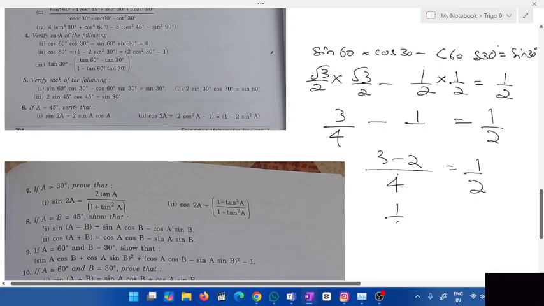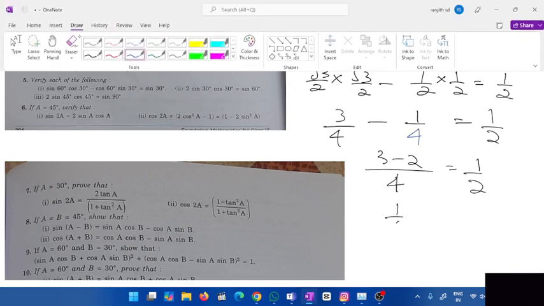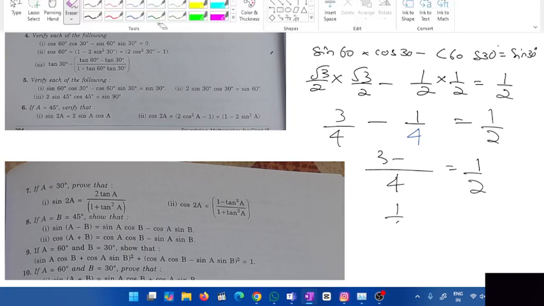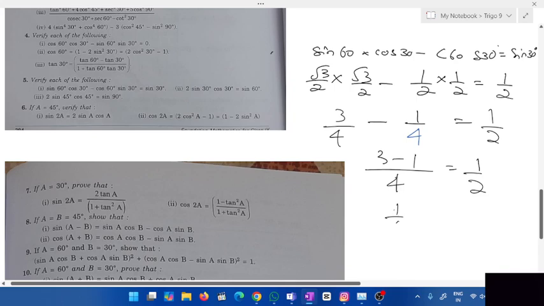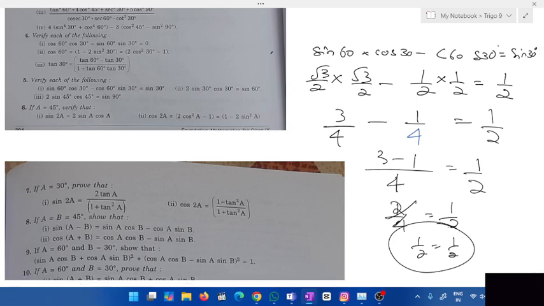Actually, 1 by 4. Fifth main, third question for homework.